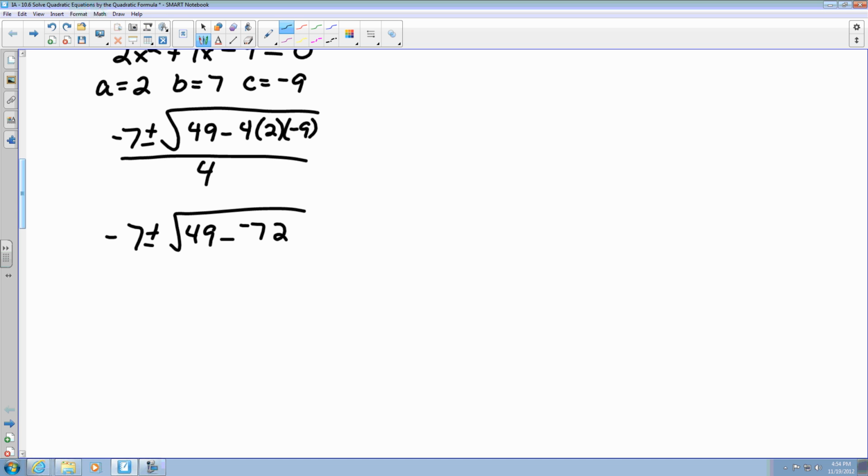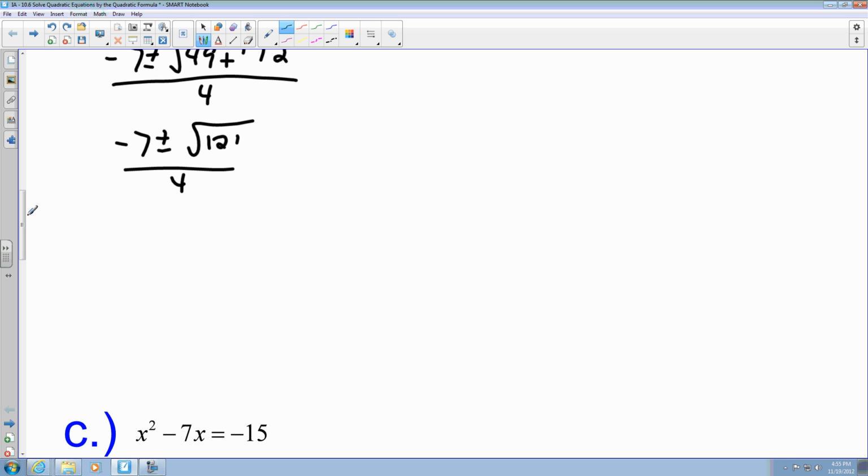But because I have a negative here and a negative here, it's a plus, all over 4. 72 plus 49 gives us a square root of 121, so it would be negative 7 plus or minus the square root of 121 all over 4. If I take the square root of 121, that gives us 11. So I got negative 7 plus or minus 11 all over 4.